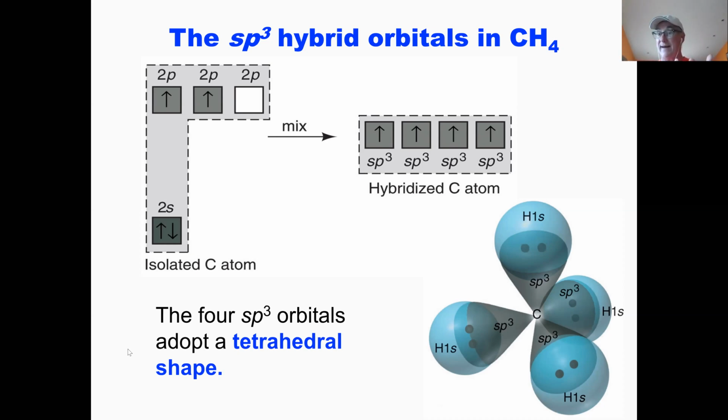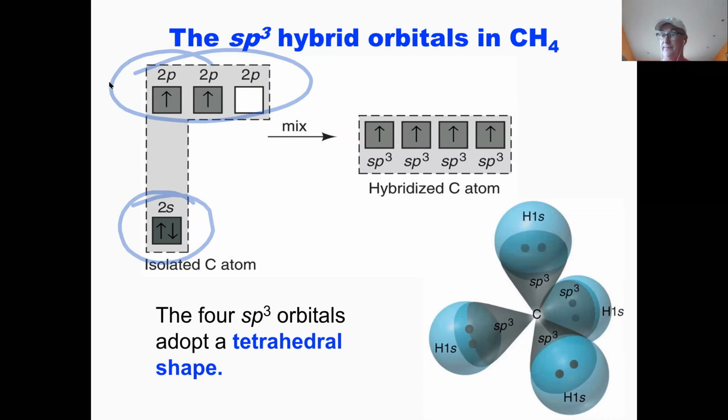Well, how do I do that? Well, if I need 4 orbitals, I'm going to take all the p orbitals, and the 2s. I'll take all of them, because that gives me a total of 4, right? There's 3 p orbitals, there's 1 s orbital.